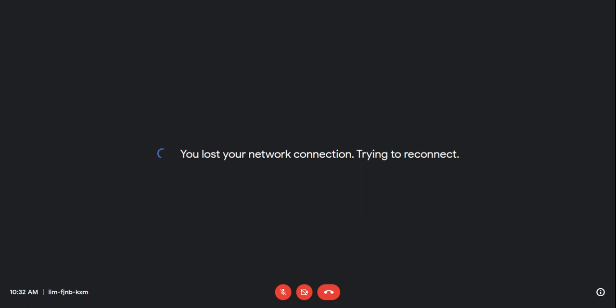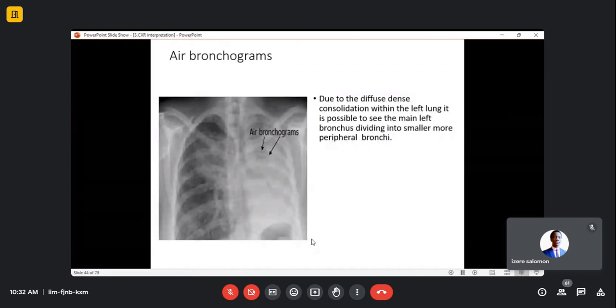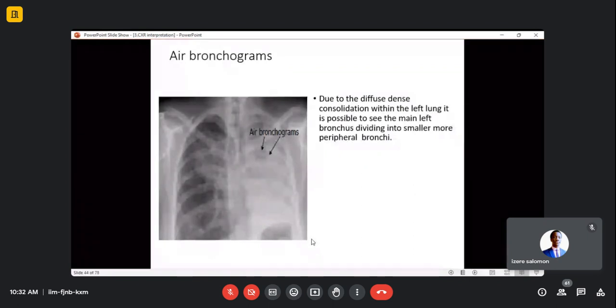When I see this deviation of the trachea, immediately I have to look for explanations. I see this elevation of the left hemidiaphragm. Immediately I say, why? And the answers to those whys are the ones which will help me to know the diagnosis.